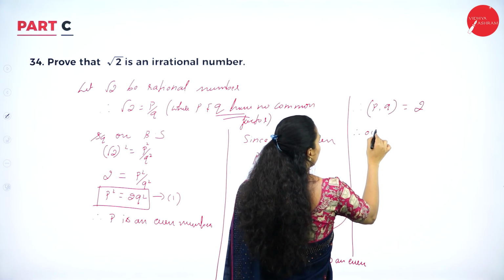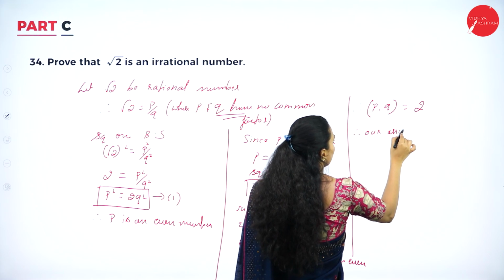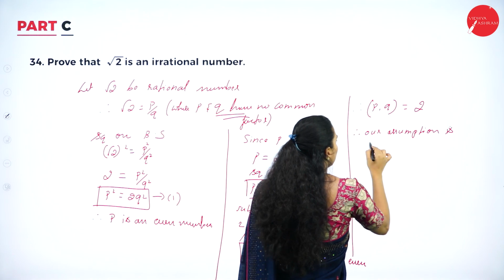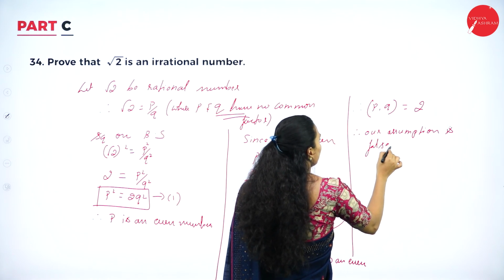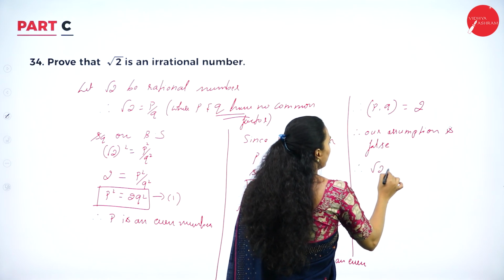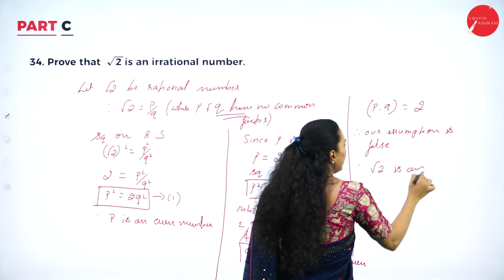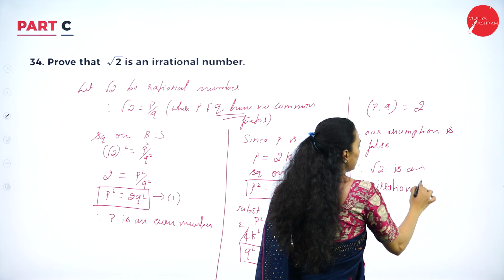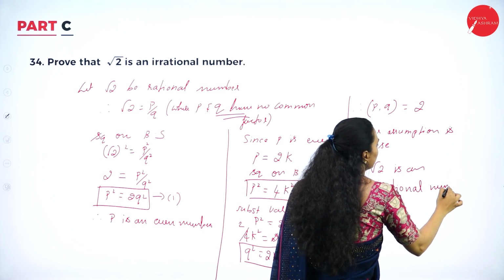Therefore, our assumption is false. Therefore root 2 is an irrational number. That's it. This will be giving you 3 marker.